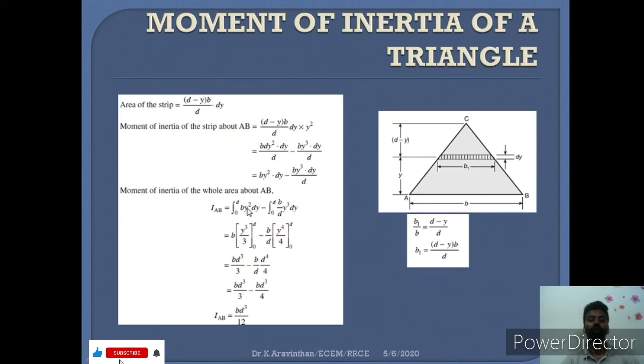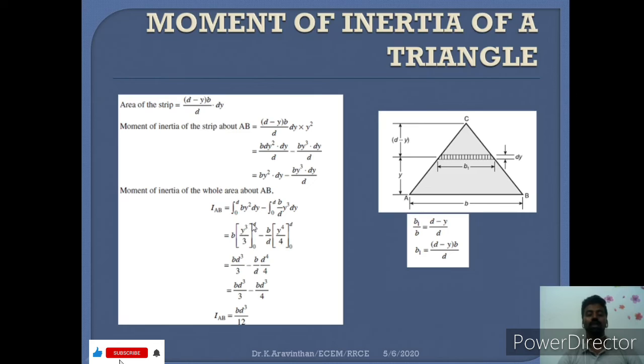If you integrate both the terms, here y square will be there. If you integrate y square, y cube by 3 and the limit is 0 to d, and here you are having dy and y cube is here. So if you integrate y cube, remaining components will be taken out, y power 4 divided by 4, substituting the limit.